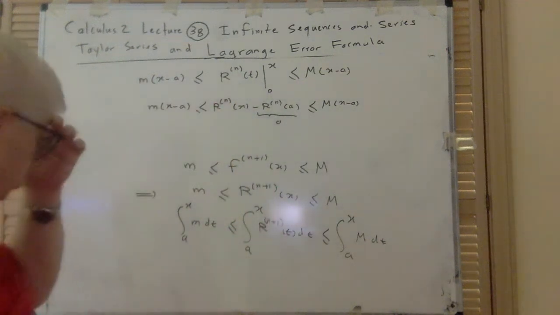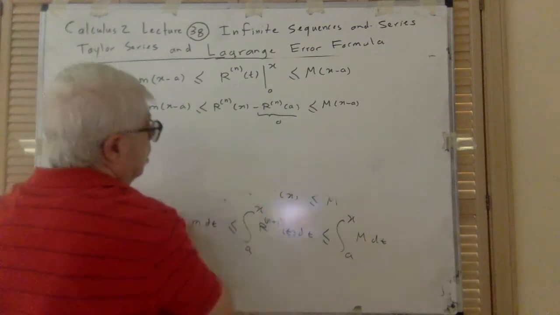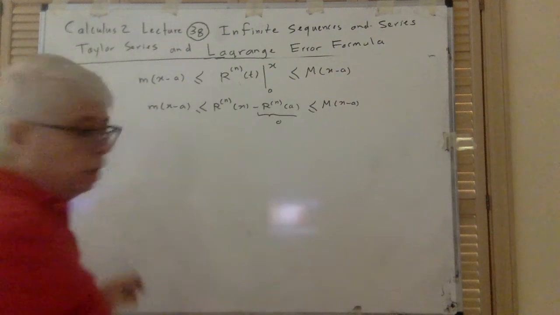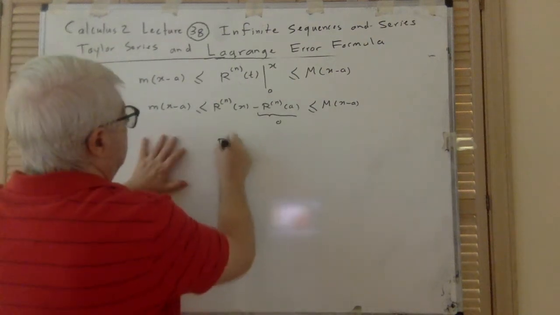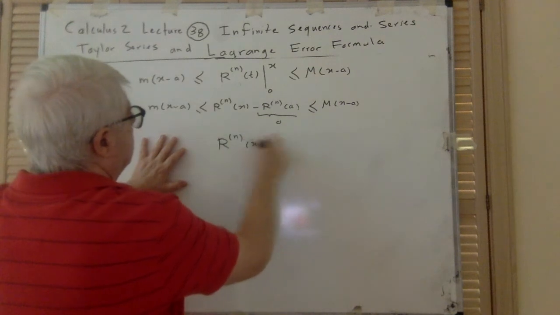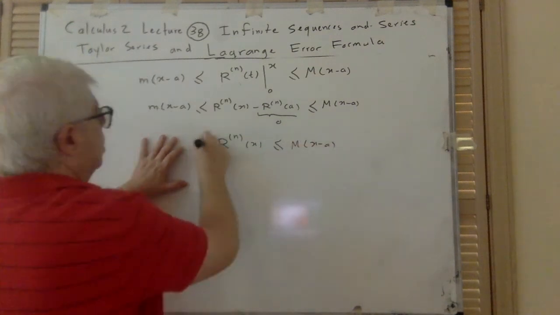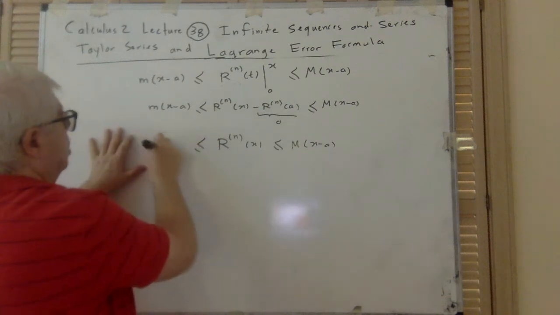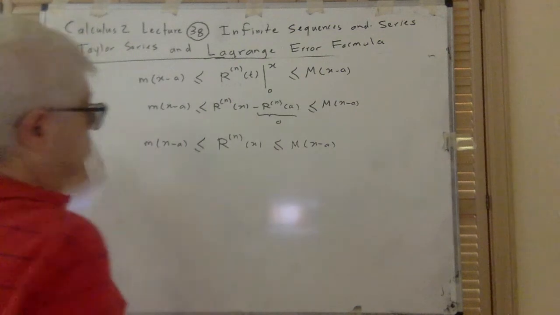Okay, so the middle part, I will get this: r n x less than m x minus a. Well, let's integrate one more time.